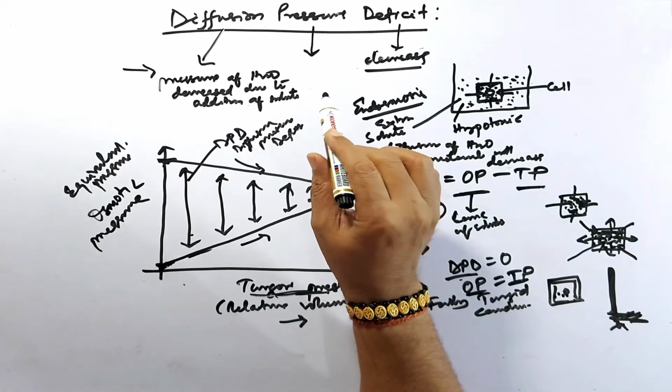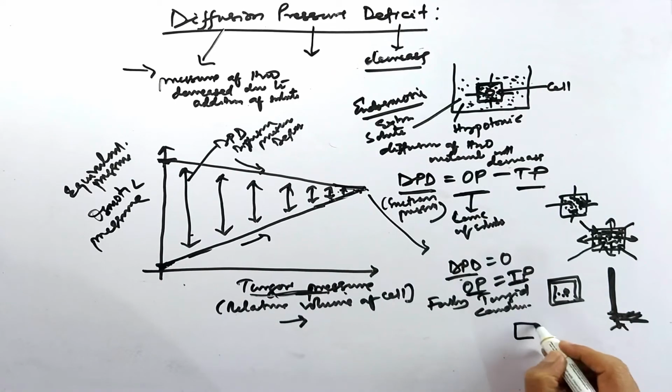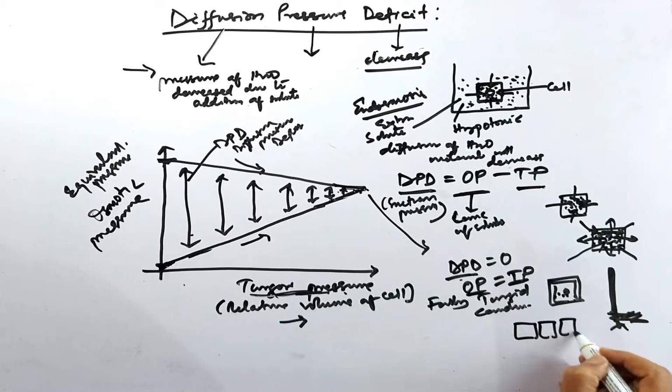Diffusion pressure deficit plays a very important role at the time of movement of water from cell to cell. When any loss occurs in the interior of the cell, a DPD is created between the cells, and the water moves again.